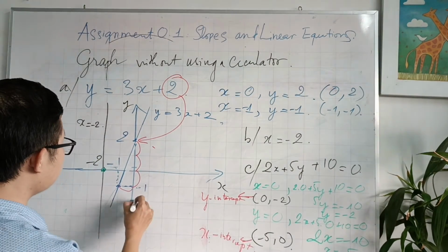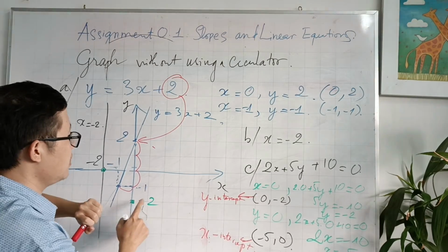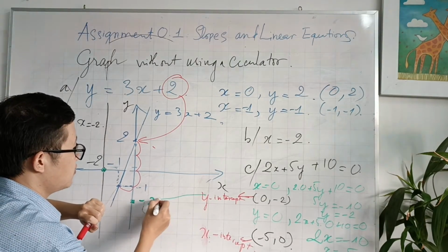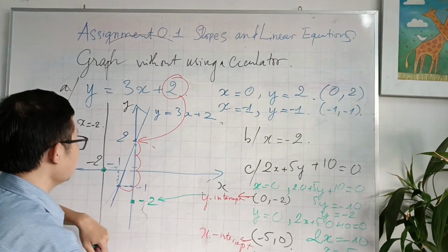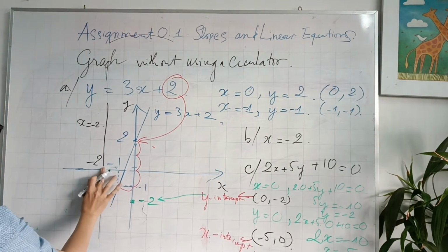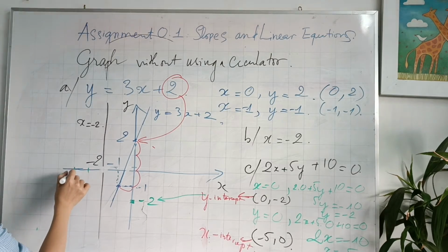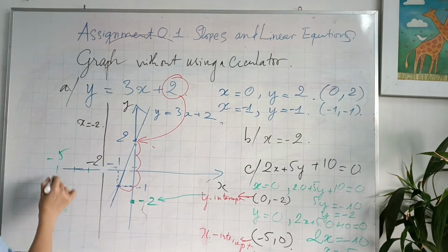This is (0, -2) here, the first point. And the second point, (-5, 0), here. And we sketch the line.